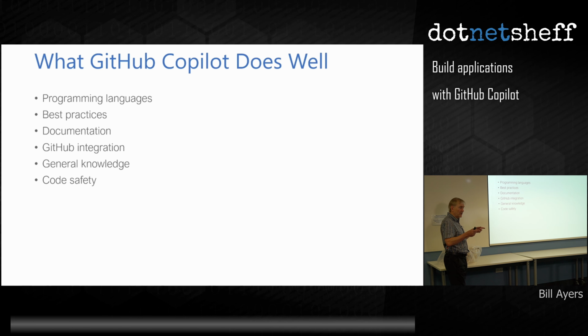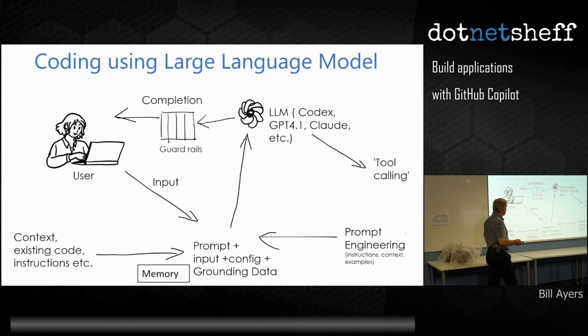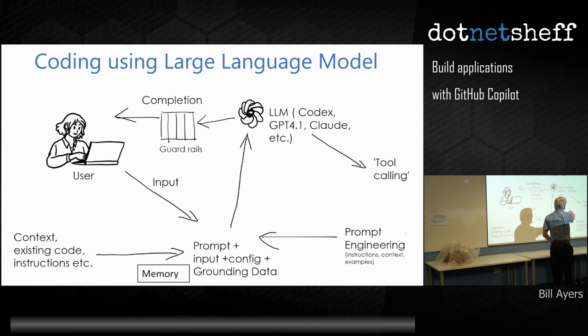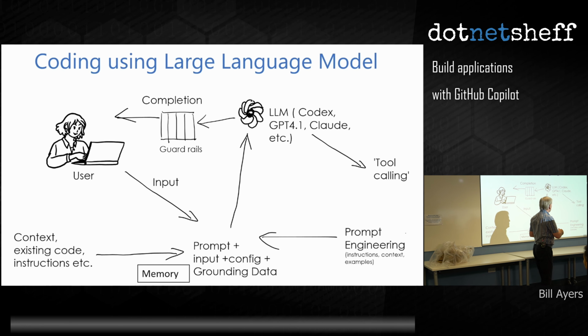It's got general knowledge, because originally, in the early days, GitHub Copilot was using Codex, which is a large language model specifically trained on code. But more recently, they've found that if you just use a general purpose large language model, they've had such a broad range of training data that it's all in there, and so that's sufficient.